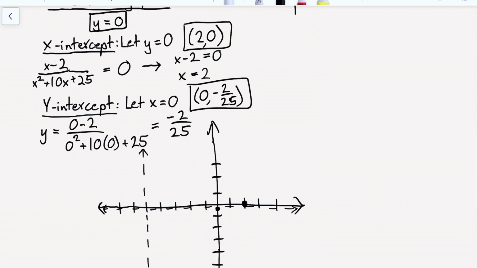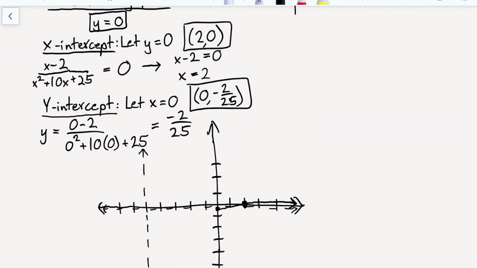So I have a pretty good idea of how this function must behave because of the vertical and horizontal asymptotes. For example here, I know that the graph crosses the horizontal asymptote at 2, 0, but because it's a horizontal asymptote, the y values must stay very close to 0 as x goes to infinity.